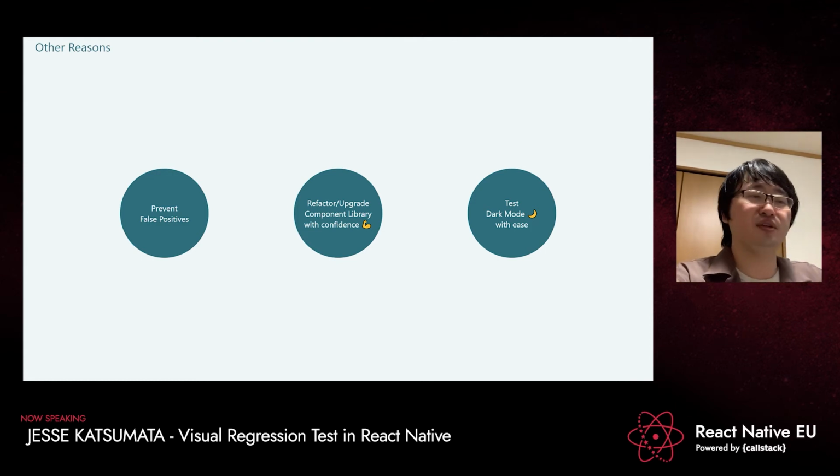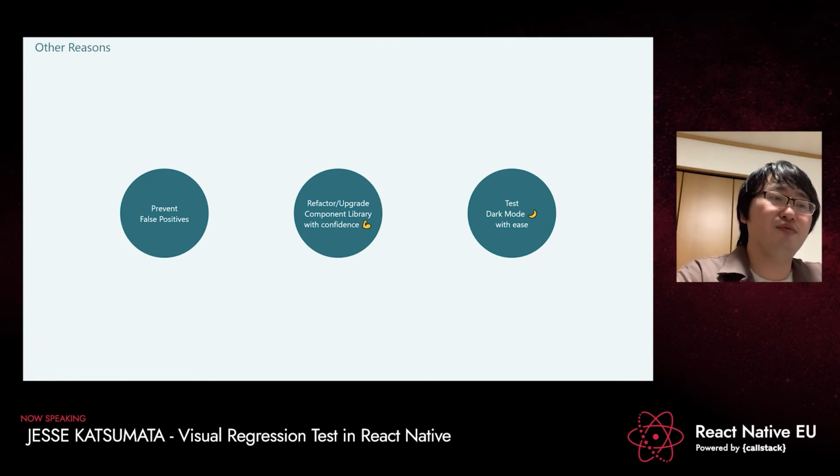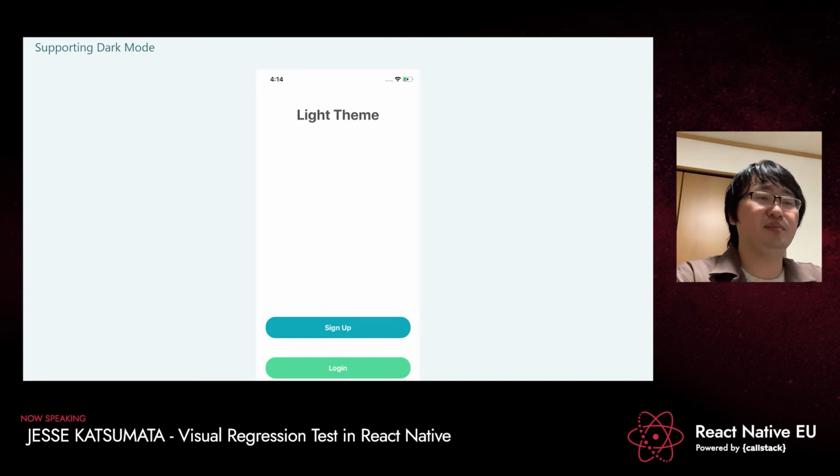And also, I want to mention that having these tests set up will help you easily support dark mode with confidence. Let me talk a little about supporting dark mode for your application.